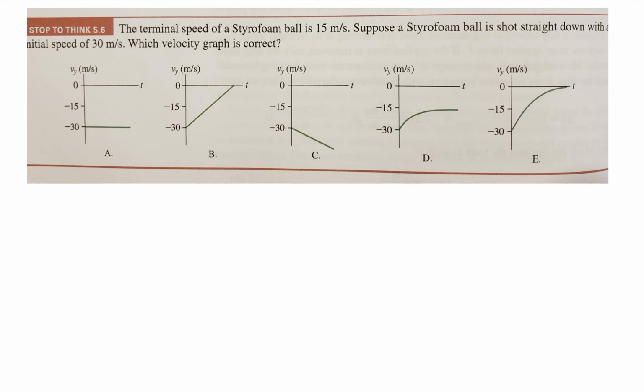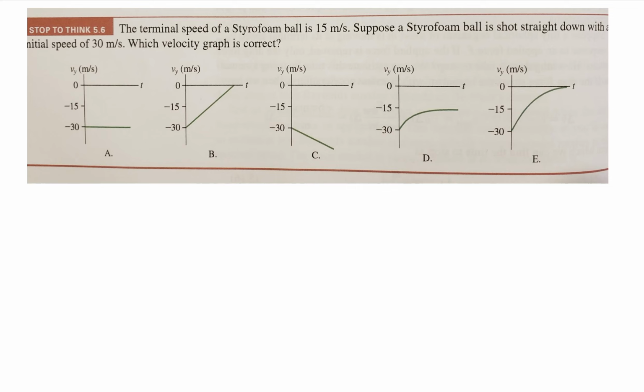All right, last thing. The terminal speed of a styrofoam ball is 15 meters per second. Suppose that styrofoam ball is shot straight down with an initial speed of 30 meters per second. Which velocity graph is correct?